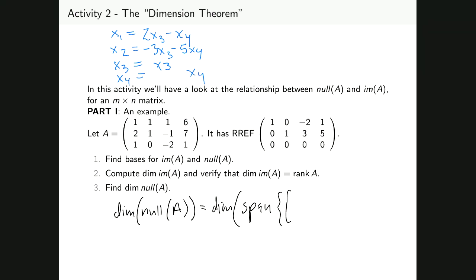Okay, so there's our solutions to the homogeneous system. So our span now is going to be as follows.